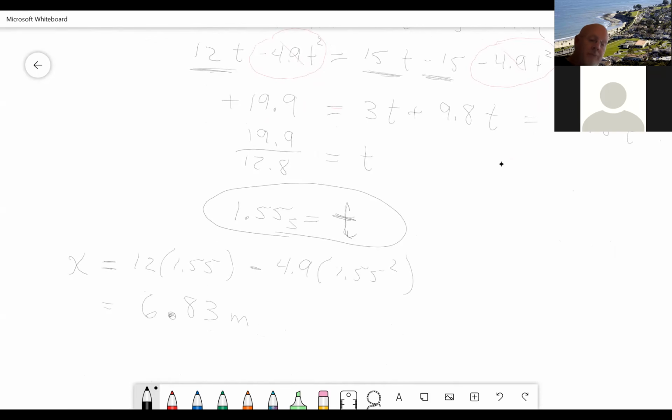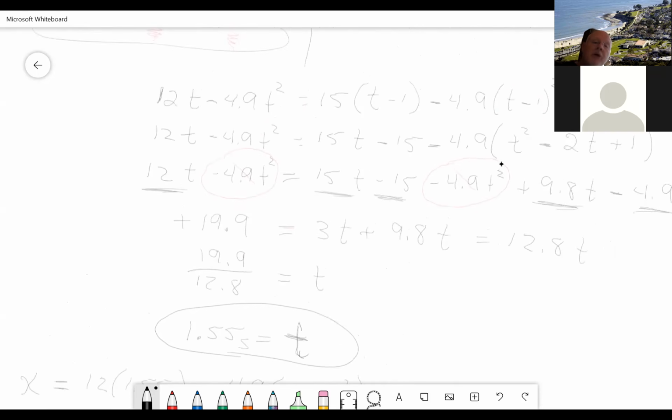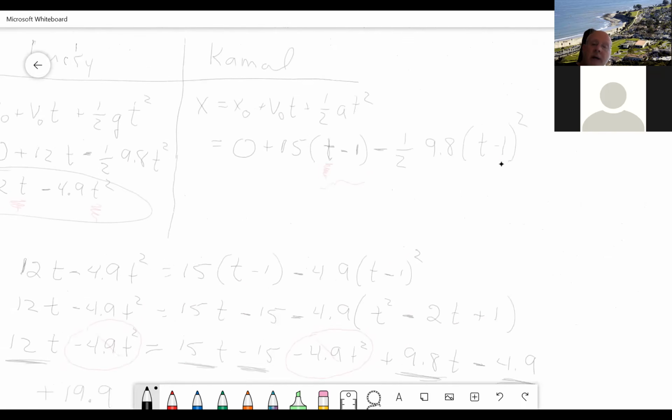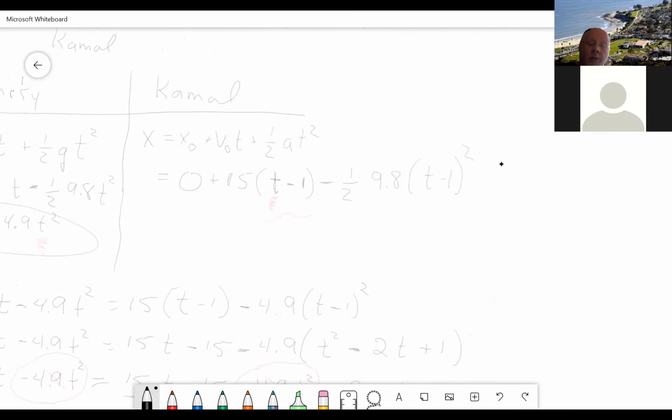And I'm a little curious, just to check, especially if this was as important as a quiz, although time might be of the essence also. But let me put that over here into the second person, Carmel's equation, because this would be 15 times 1.55 minus 1, so it'd be 0.55. And then minus 1/2 of 9.8 here, which would be 4.9, times 0.55 squared again.